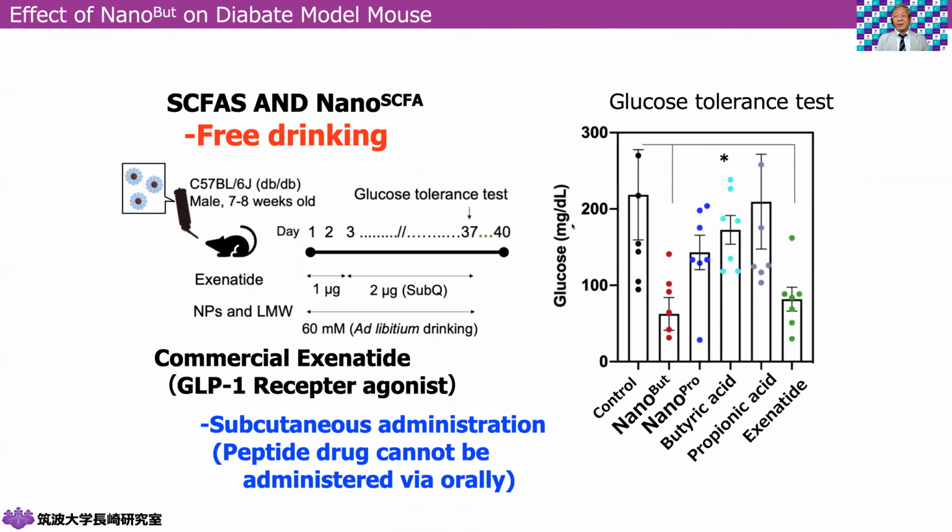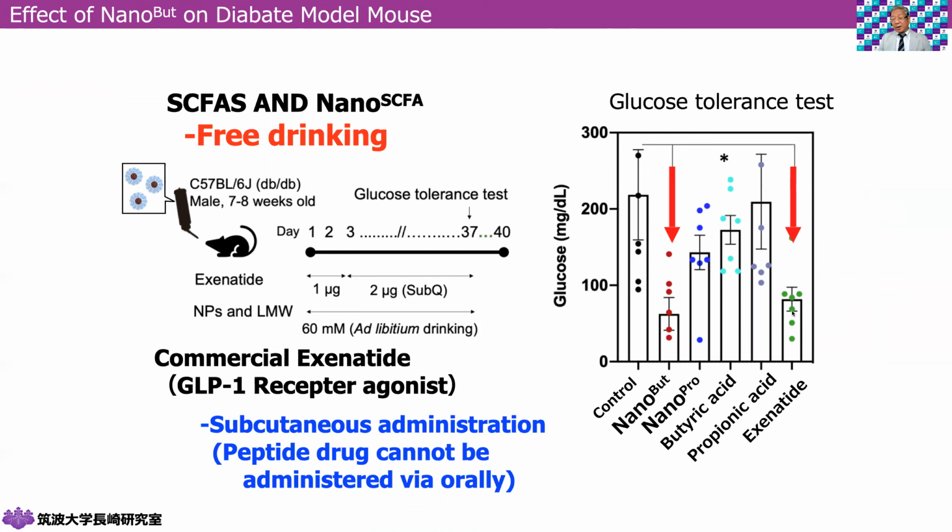So this is the result of the glucose tolerance test, which means after 37-day treatment, we administer 2 grams of glucose, and after 1 hour, we confirm the glucose level in blood. The diabetes mouse shows like this. As compared to diabetes mouse, the nanobutyric acid treated mouse decreased the glucose level like this.